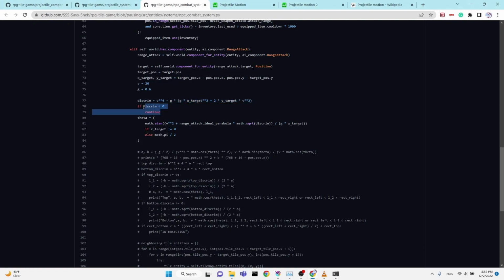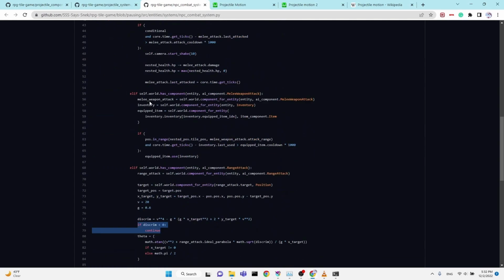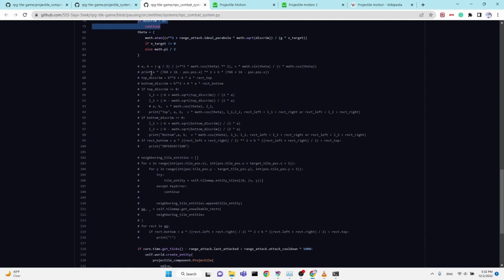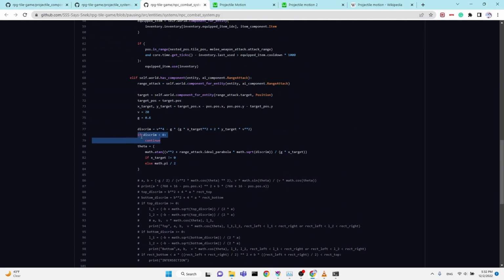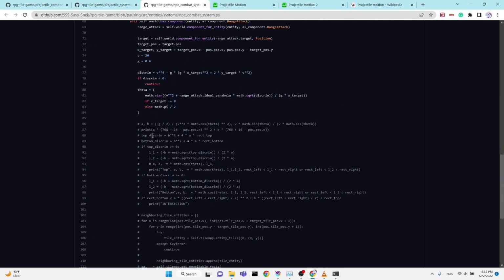Now, I said before, if the discriminator is less than 0, which means the solutions are imaginary, that means we can't reach it. And that's what we said over here. If we can't reach the target, then just skip this range attack for now, okay? Just wait another time until you get closer, okay?